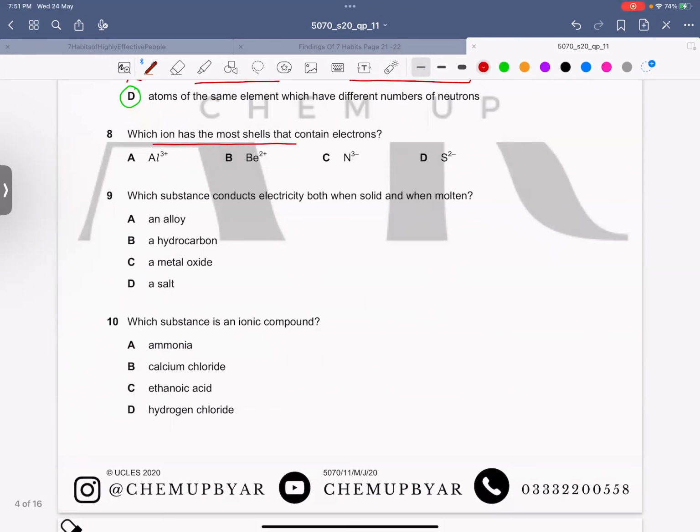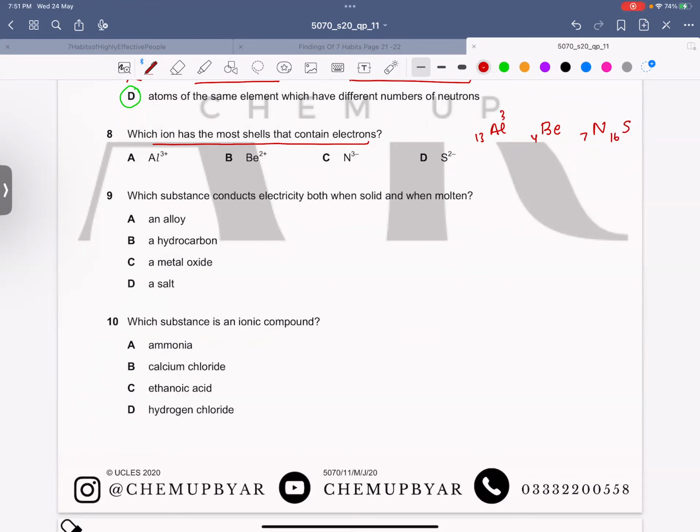Now, question number 8. Which ion has the most shells that contain electrons? If you look at aluminium, it's 13. Beryllium, it's 4. Nitrogen, atomic number is 7, and sulfur is 16.